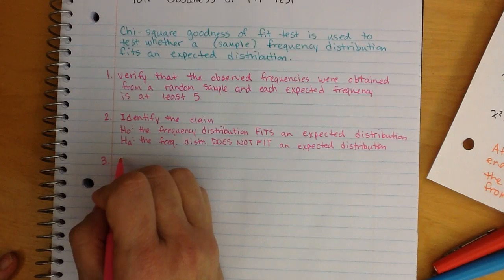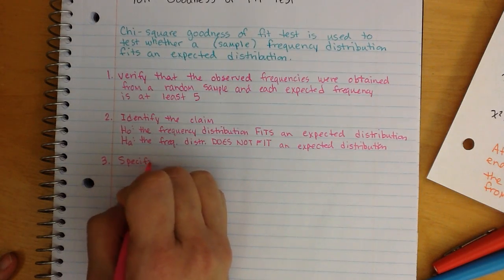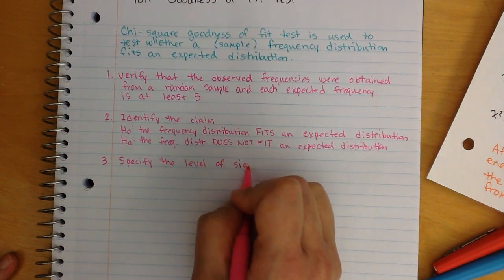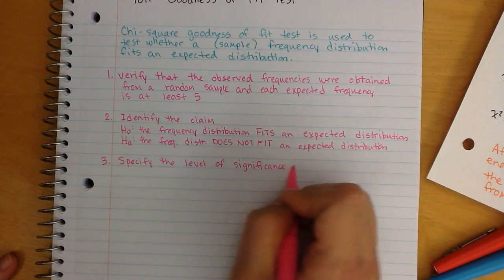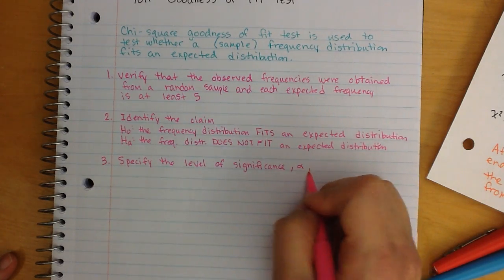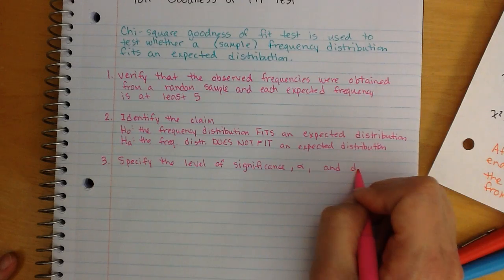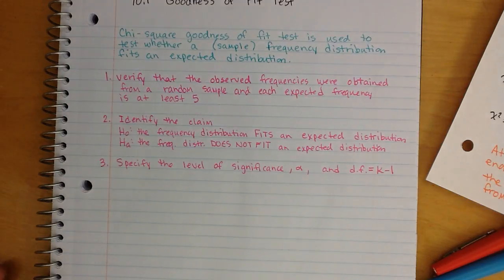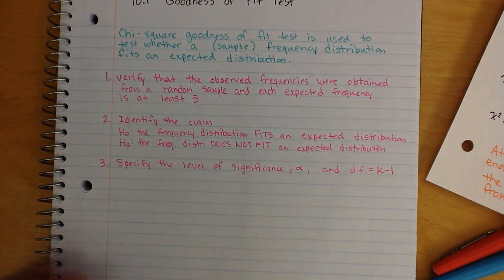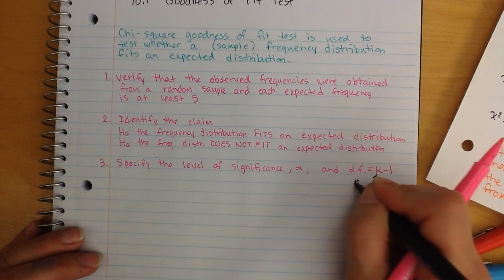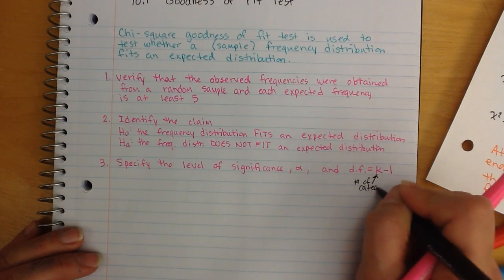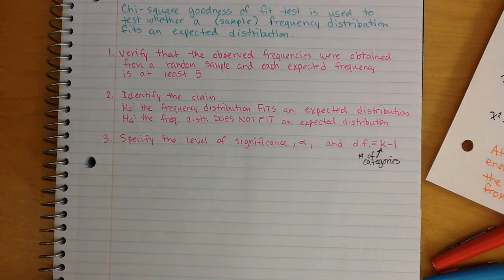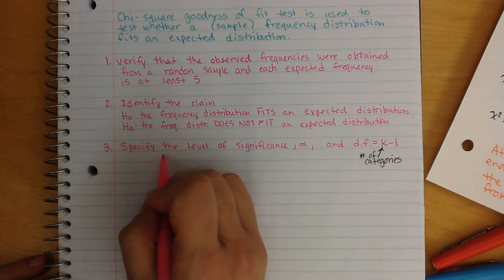In step 3, we're going to specify the level of significance alpha, and degrees of freedom, which is going to be k minus 1. Now k in this case is the number of categories in your distribution. Then we're going to use these to sketch the rejection region.